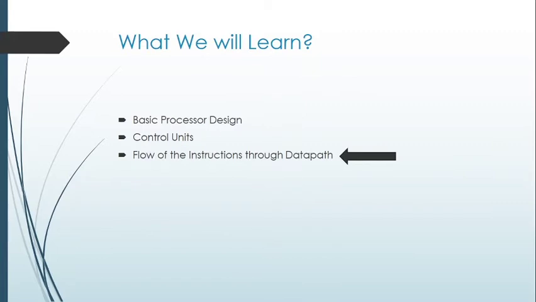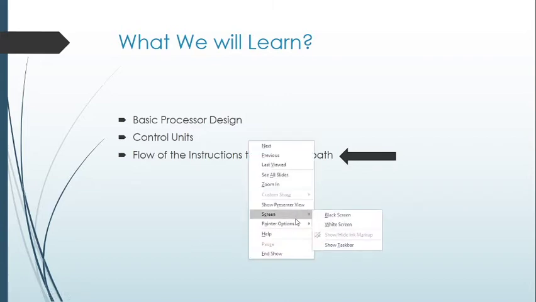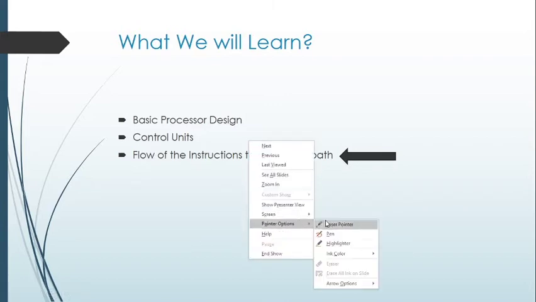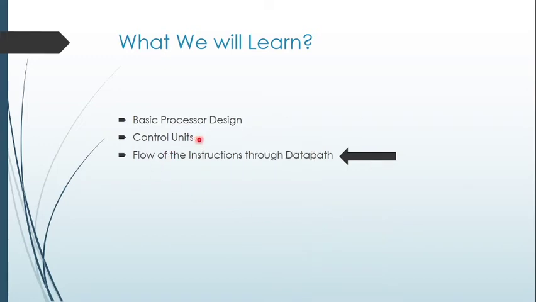So what will we learn here? The basic processor design that we actually started from last lecture. After that, the main topic for today is the control unit for the basic design that we studied, and we'll see how the processor data path works for different types of instruction.